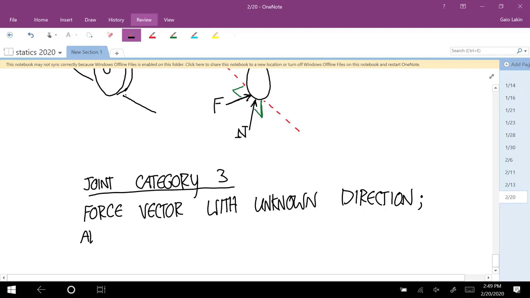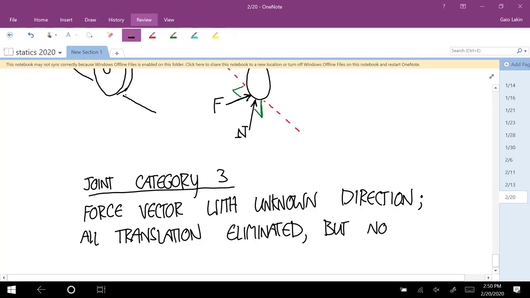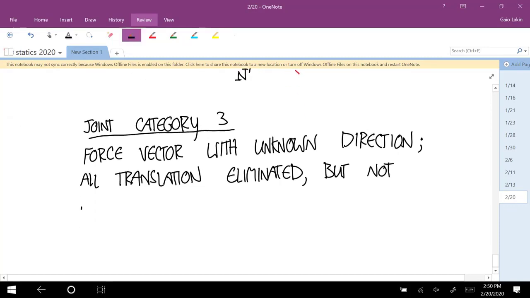So all translation is eliminated. We haven't had any couples yet, which means for all of these, rotation is possible around any axis. Okay, so this introduces 3 variables.